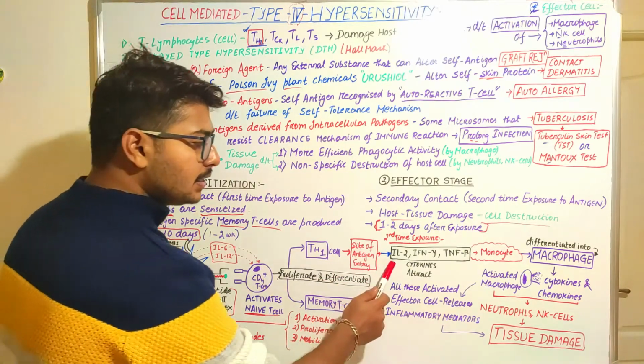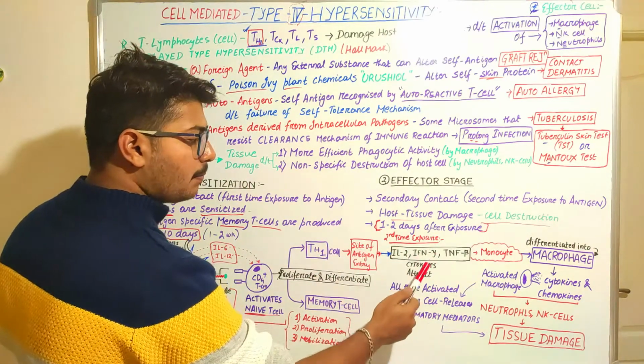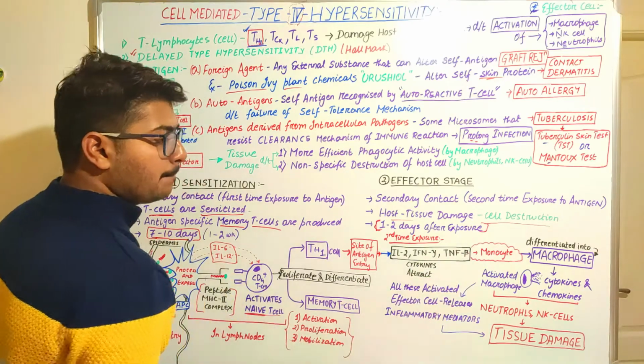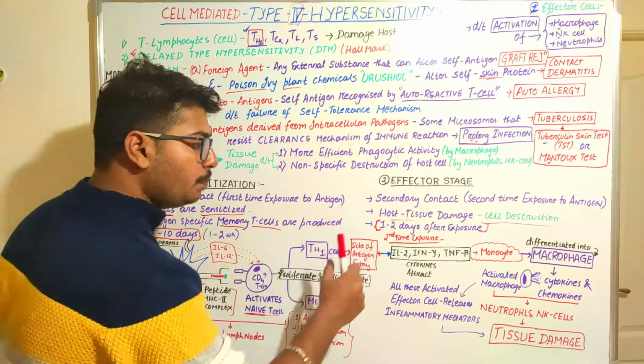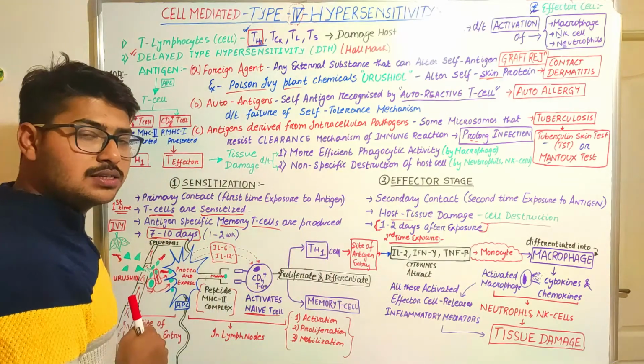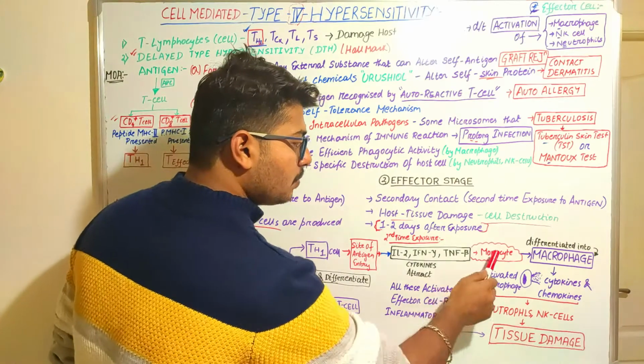It will be releasing interleukin 2, interleukin 3, interferon gamma, tumor necrosis factor beta. So this Th1 cell is going to produce the cytokines.